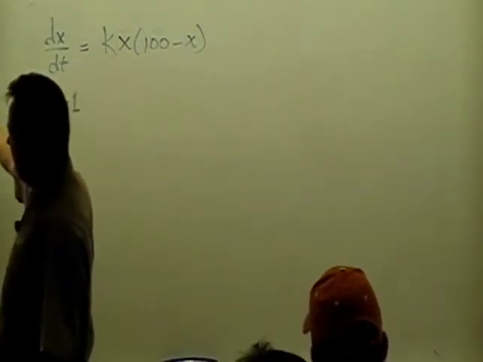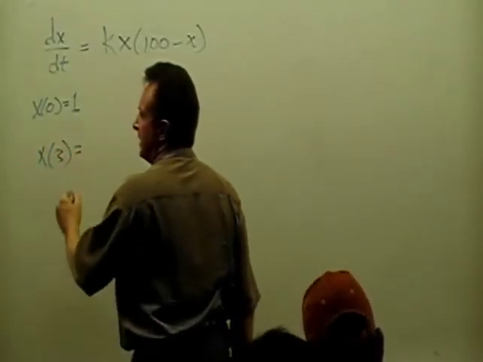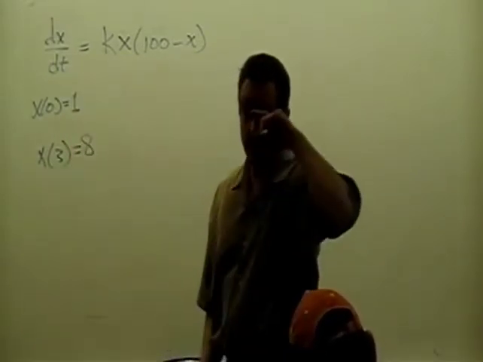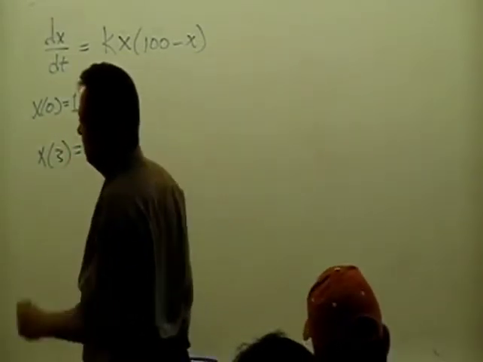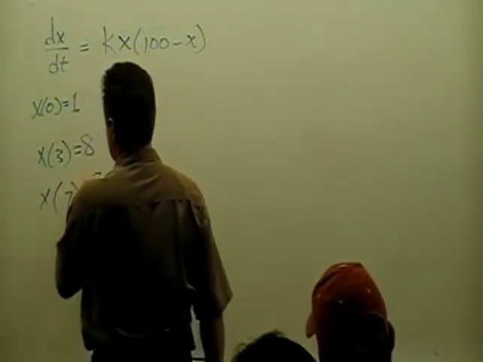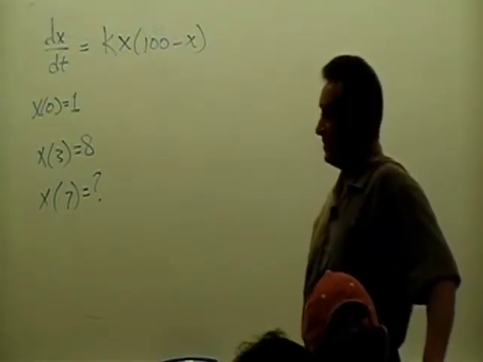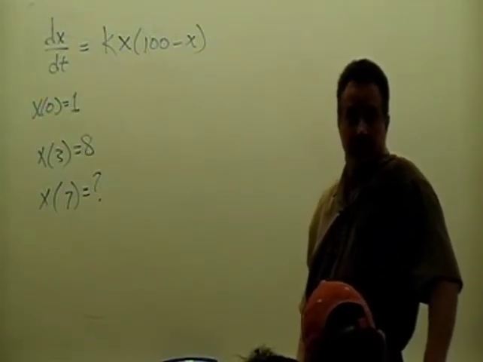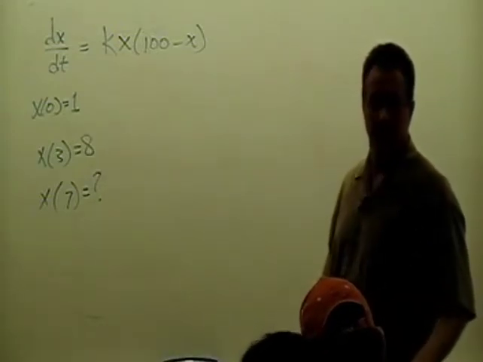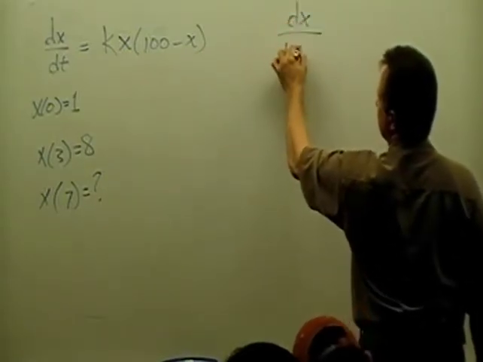I also stated after 3 days, x at 3 days, 8 students are infected, so x will be 8. And I want to know the amount of infections after 7 days. Okay, so we just solve this differential equation. Did everybody see how I modeled the problem? This would be, again, separation of variables.